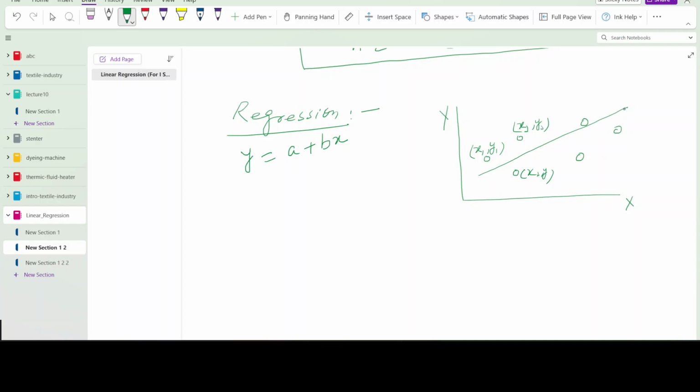So there is a requirement of best fitting line for estimating. Suppose the equation of this best fitting line is y is equal to a plus bx. Then we have to estimate y.